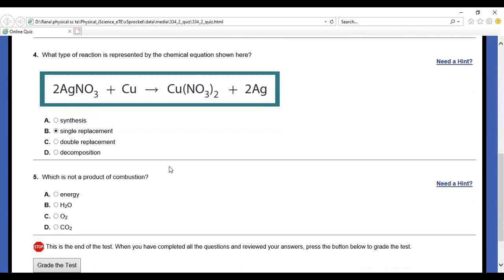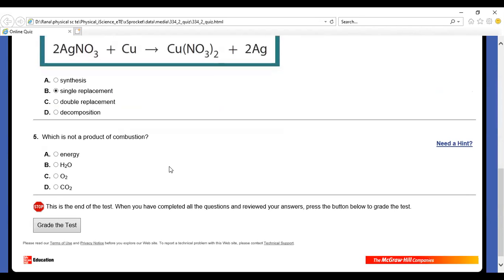Last question, which is not a product of combustion? Which of these is not considered to be a product of combustion? Yes, Reem? B? No, we said that combustion reaction always produces... Okay, this is Jane and Amal.